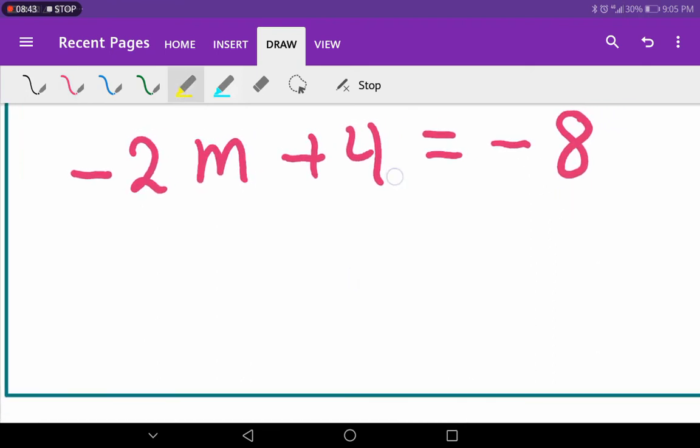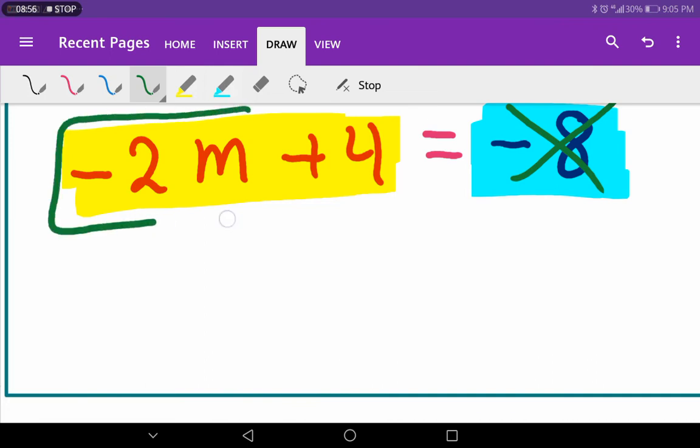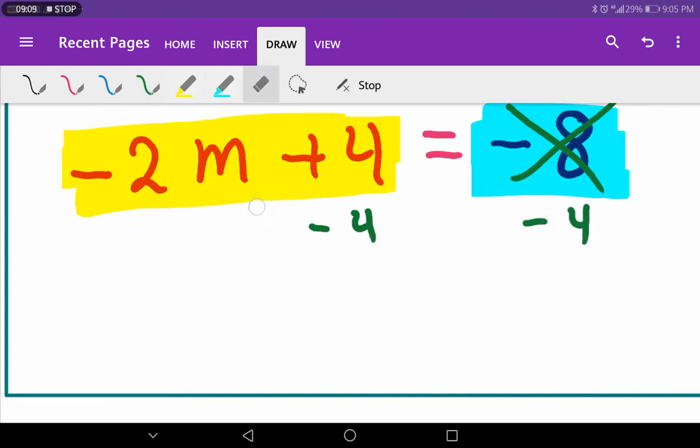The first step, determine the left side and the right side. Ignore this side because it has no letter or variable, and ignore this one also because it is the coefficient part. What is the first step? Yes, minus 4 minus 4. Now I return everything as it is.